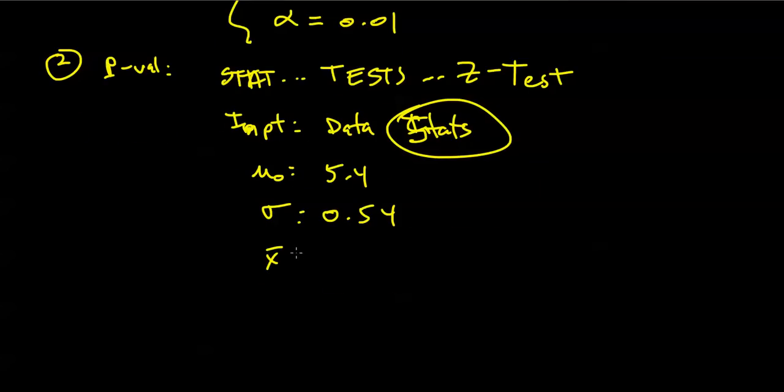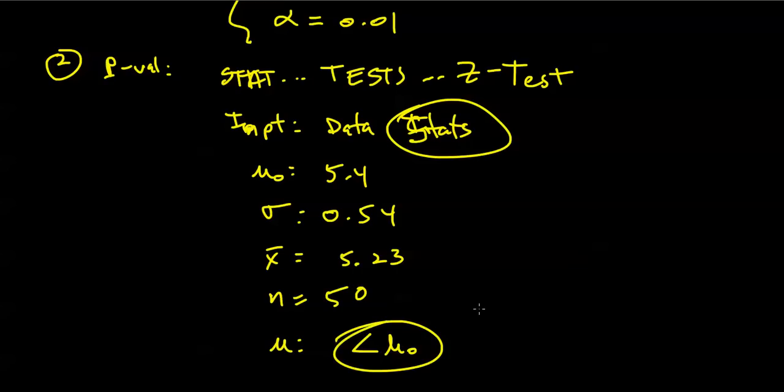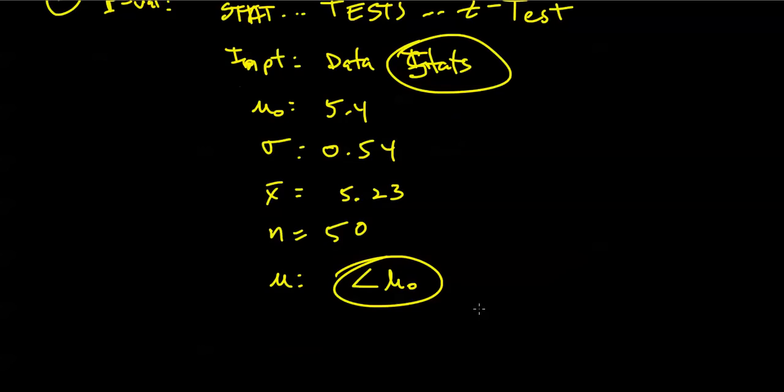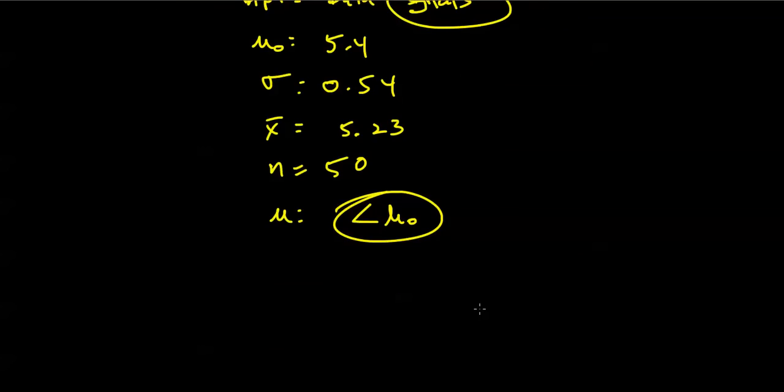The sample mean is 5.23. The sample size is 50. And for the type of test, of course, this is going to be a left tail test. So highlight and select less than mu sub 0. And of course, we'll highlight and select calculate.